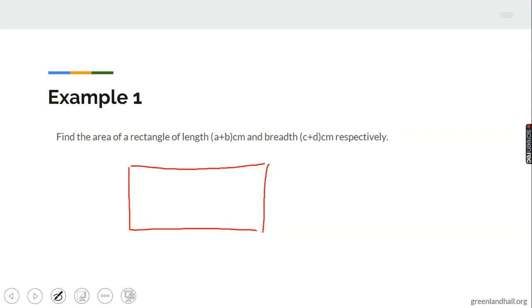Okay, now we have the length to be A plus B. Don't forget it is in centimeters. Now C plus D is the breadth and here is the length. Now, we want to find the area of a rectangle. Who can tell me what is the area of a rectangle? You've done plane shapes in your prelim class, GSS1, so you can tell me boldly.